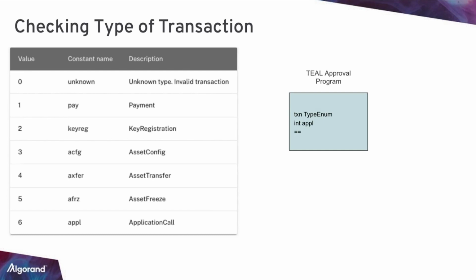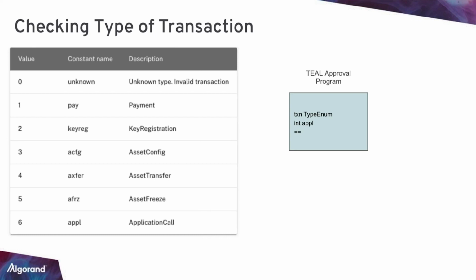Some other things you can do is check the type of transaction, and this is useful every time you're in a Stateful Smart contract. It's always going to be APPL for the call that's processing the Stateful Smart contract. But if you're grouped with other transactions, you may want to check the other transactions' properties. Well, you can do that by using the type enum field, and in this case, the constant name.